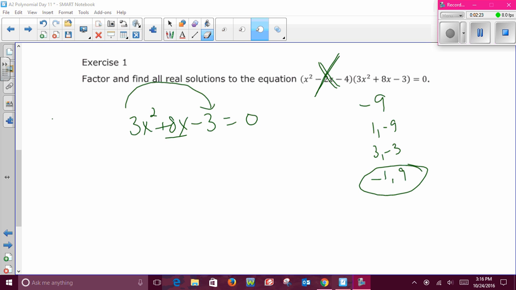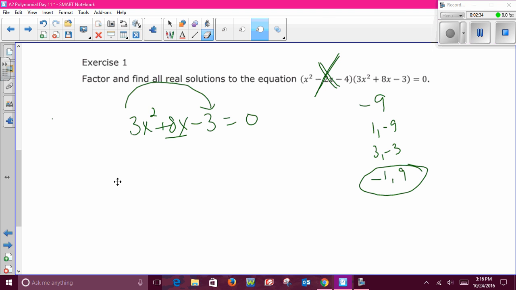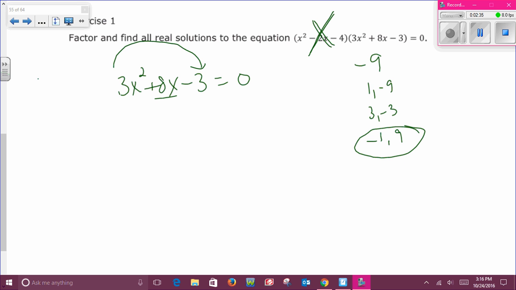3 times negative 3 is negative 9. 1 and negative 9, 3 and negative 3, negative 9 and negative 3 are my factors. I'm trying to undo my middle term. So I have 3x squared minus 1x plus 9x minus 3 equals 0.